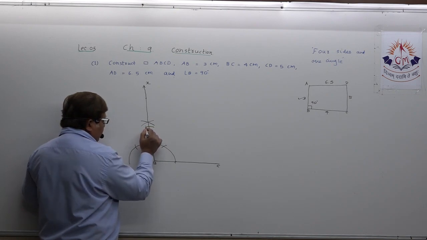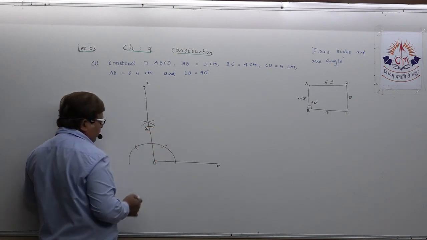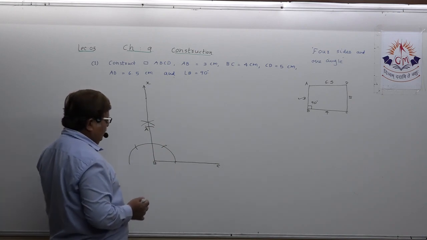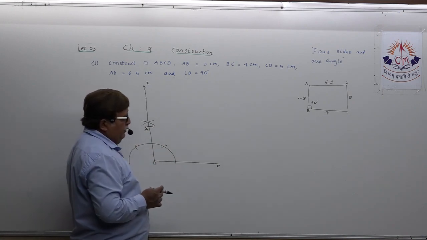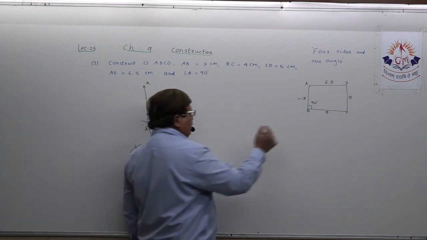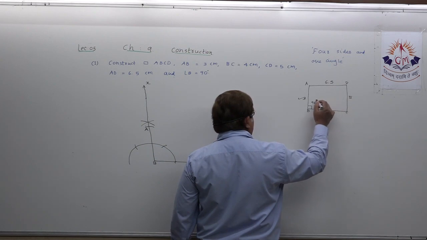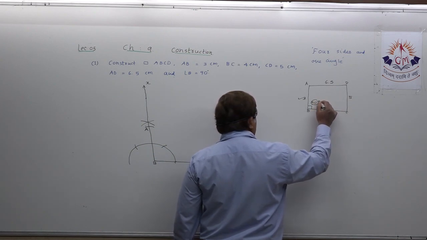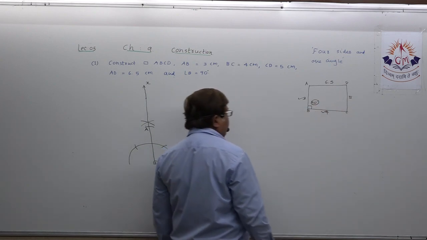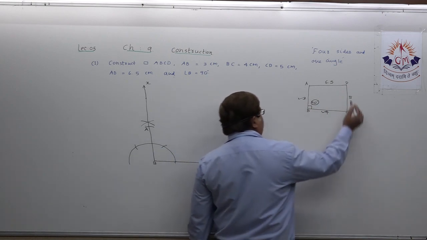Somewhere here you may get point A. Okay, so two sides are constructed, AB constructed, BC constructed, angle of 90° has been constructed.